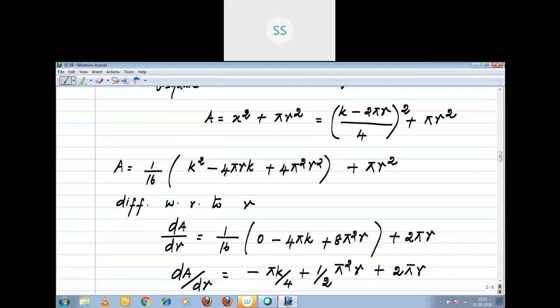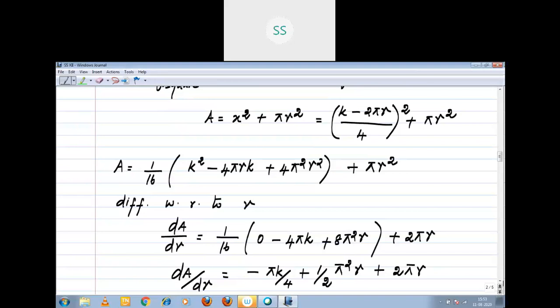The first term is a constant; you keep it as such and don't disturb anything. In the next two terms we are going to take r as common.